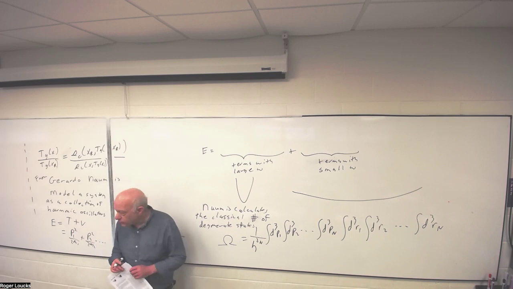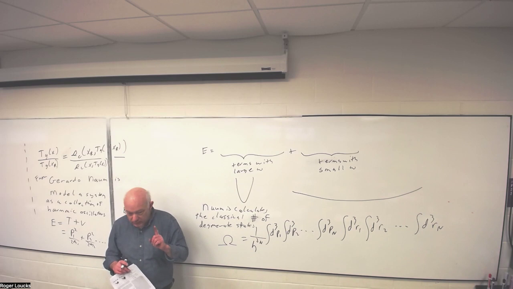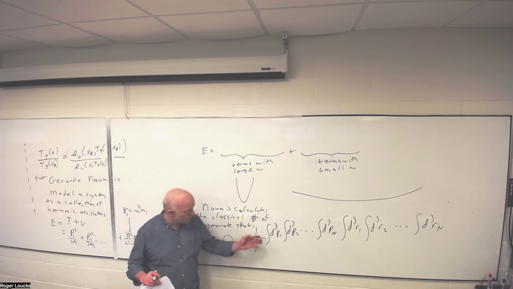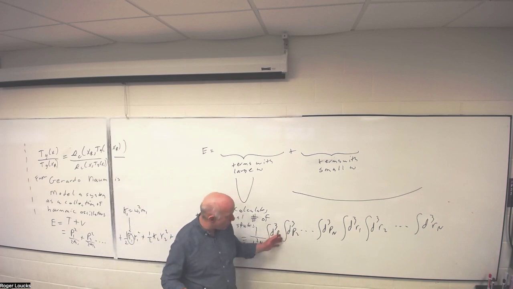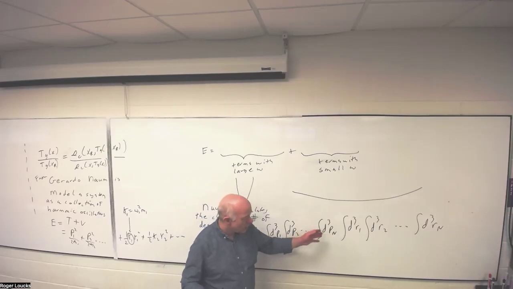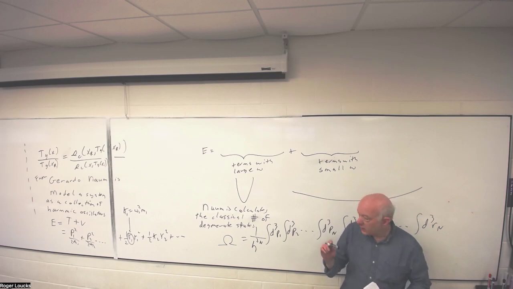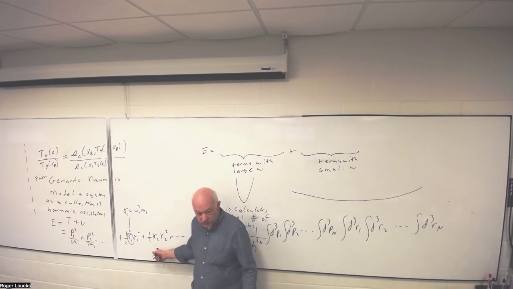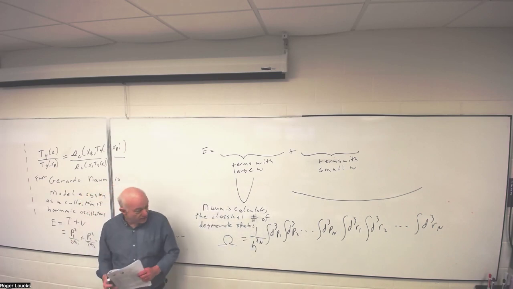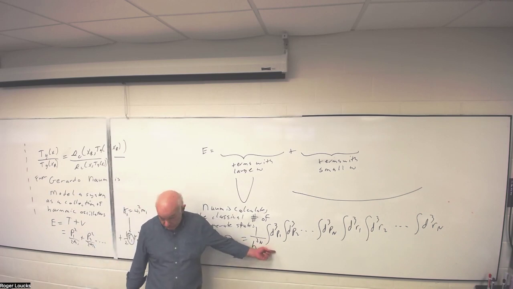Now, you just can't do that, and here's where it gets mathematically complicated. You just can't integrate over all the momenta of all the particles and all the positions of all the particles, because the energy has to be constrained to this. We're saying that the energy is fixed, so this is fixed, and that puts a restriction on all these elements.